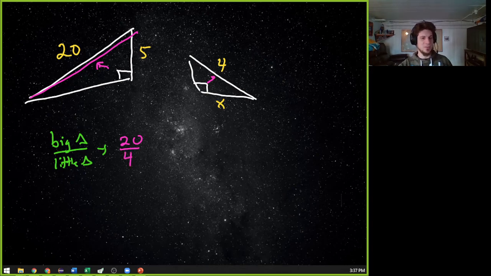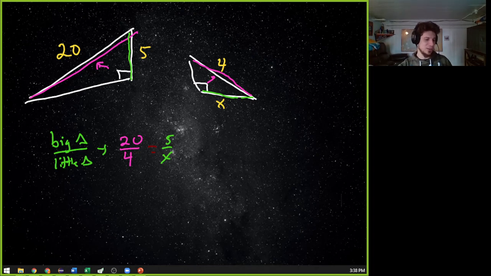And I know this is going to be proportional to the ratio of the other sides. So I'm going to put equals. And if we look at the other sides then, this side in green is 5, and on this one it is x. So 5, the big one, over the little one, x. So those are our ratios.